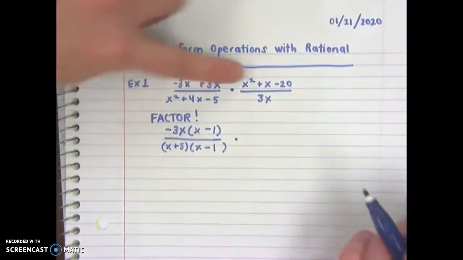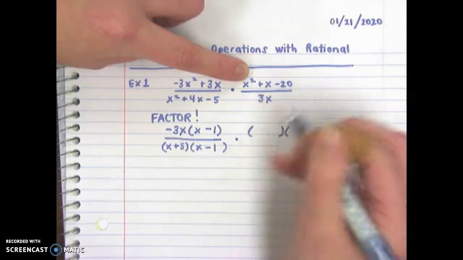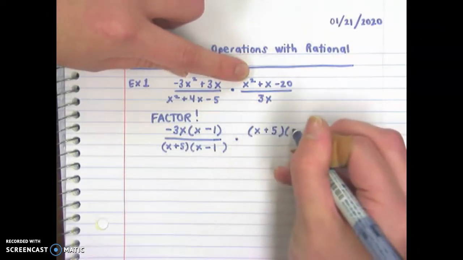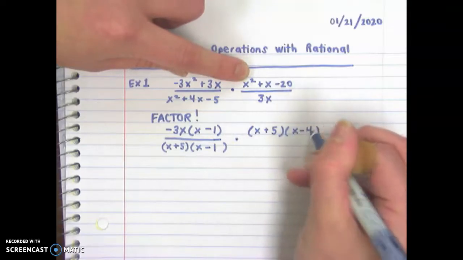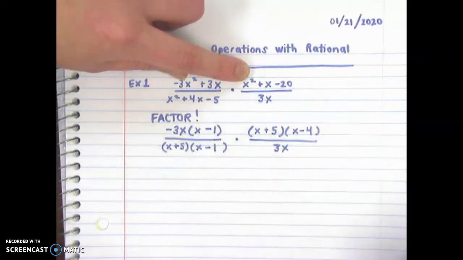Times, factoring the second expression, two numbers that multiply to negative 20 and add up to 1, x plus 5, x minus 4. And then the denominator cannot be factored.